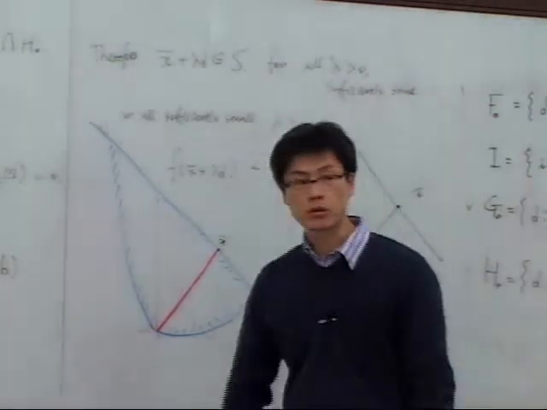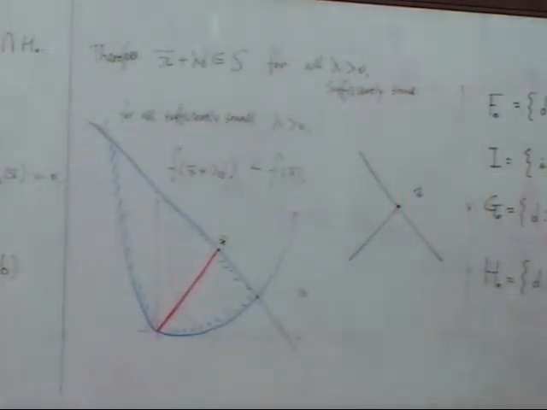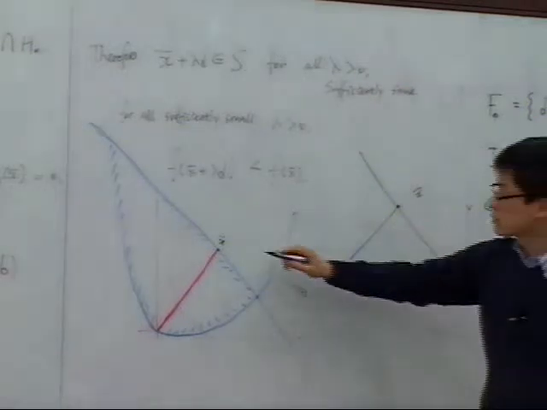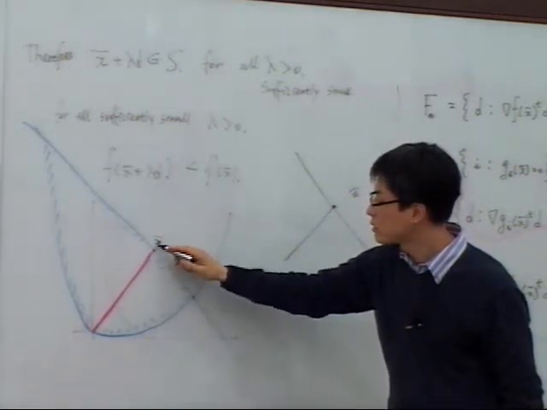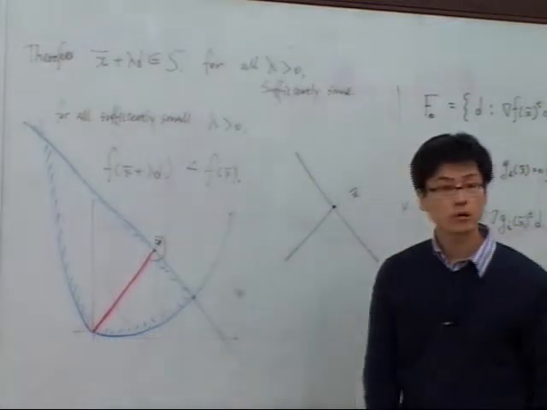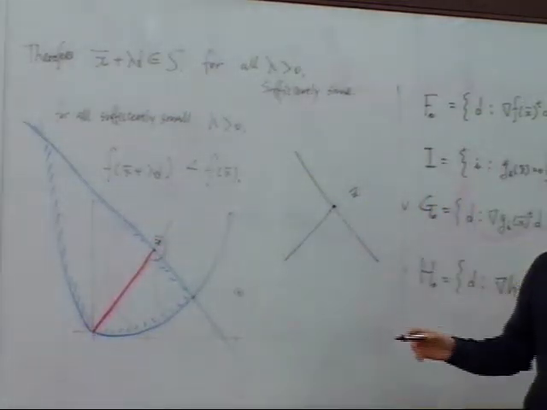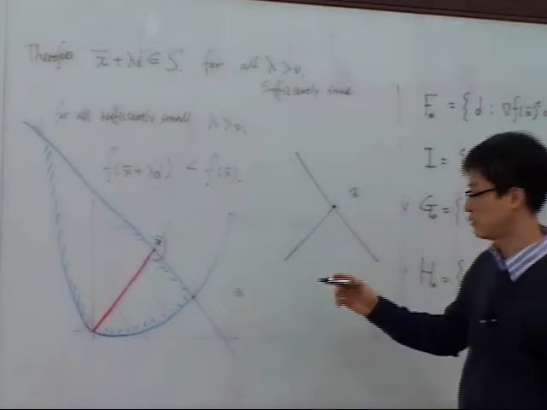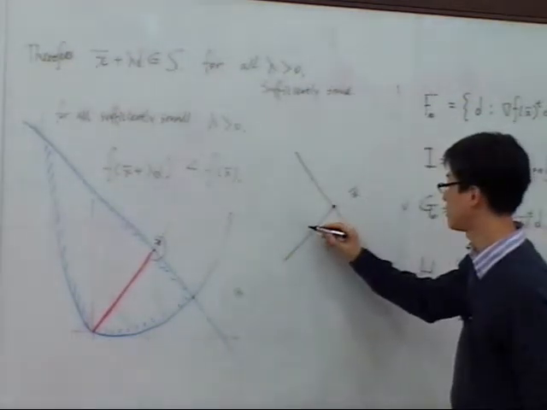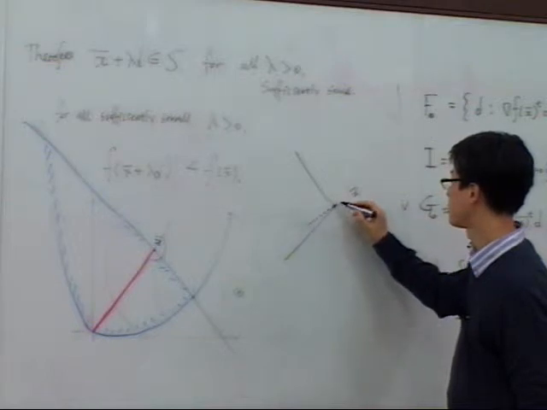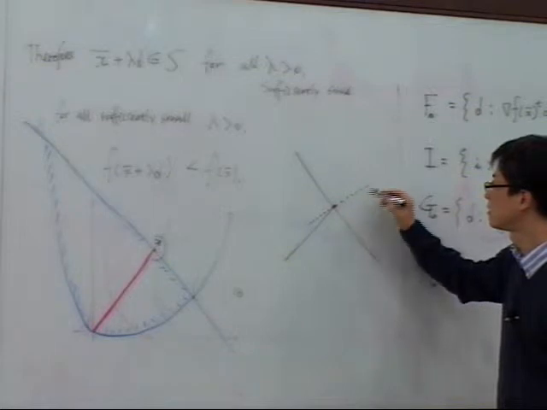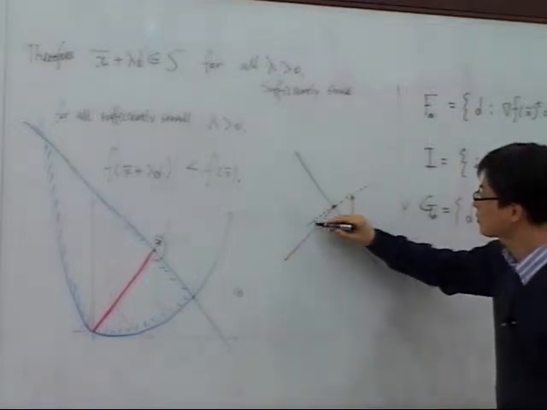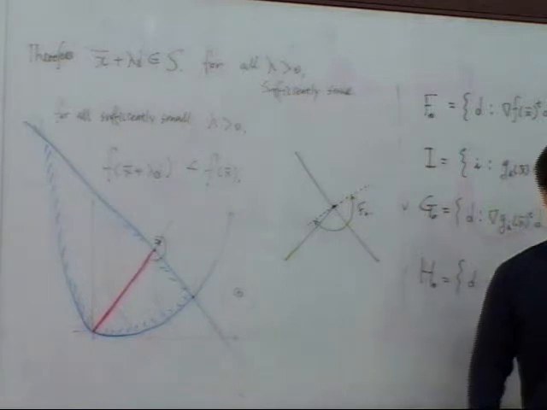And F0 is the cone of descent directions. Maybe this is the cone of descent directions of this function. So let's say this is your cone of descent directions, right?